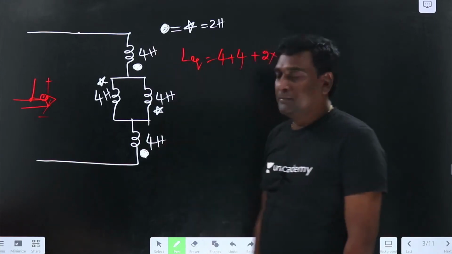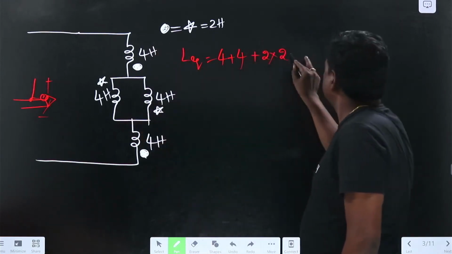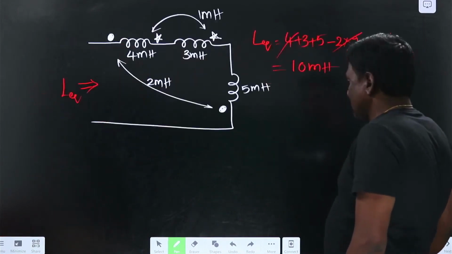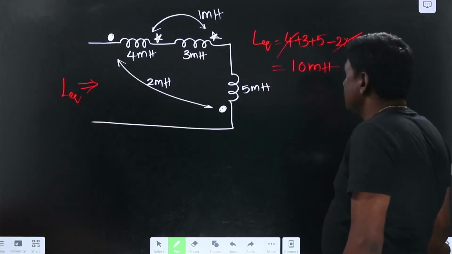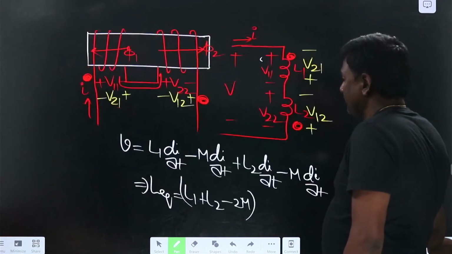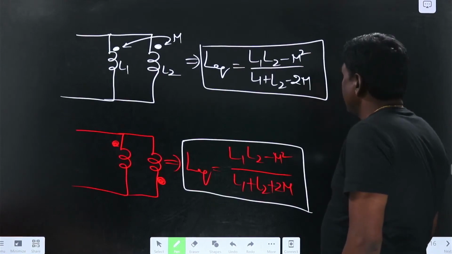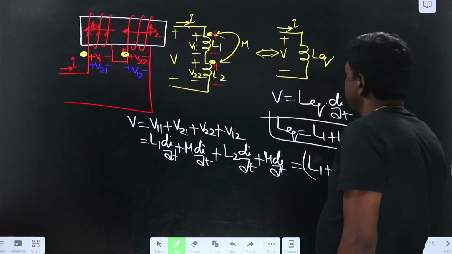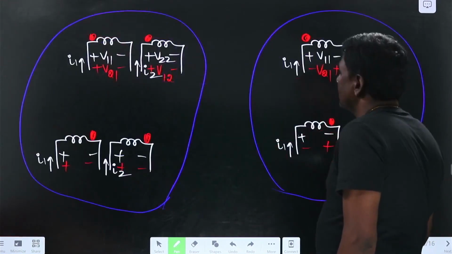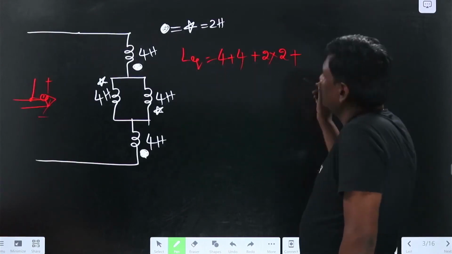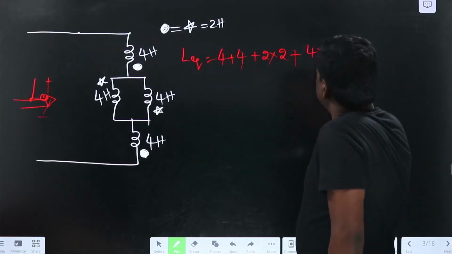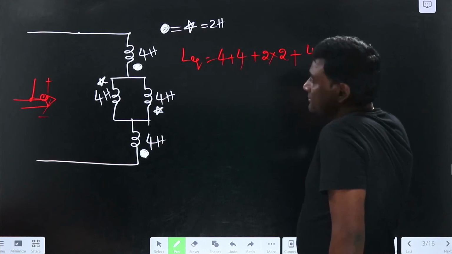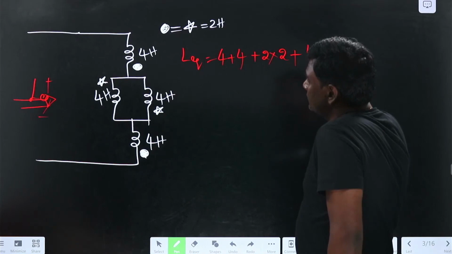This problem is solved. Now, if you think of these two, frankly, I don't remember the equation. L1 L2 minus m square, L1 L2 minus m square.